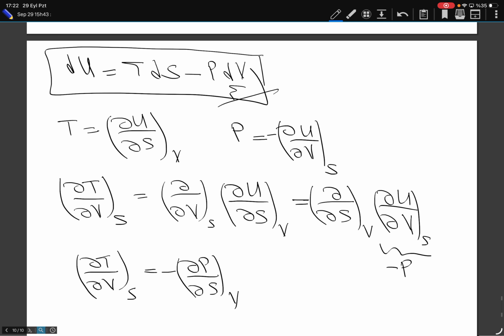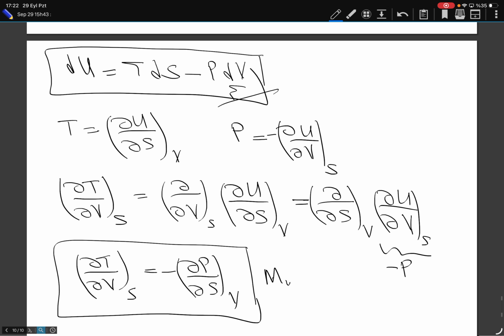You see, now thermodynamics allowed us to relate the variations of almost completely arbitrary quantities to each other. And again, I repeat, this relationship is valid for any system that you can imagine. It should be valid for every system. This is the so-called Maxwell relation.